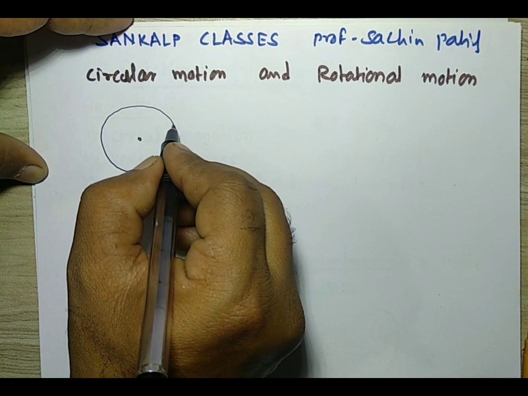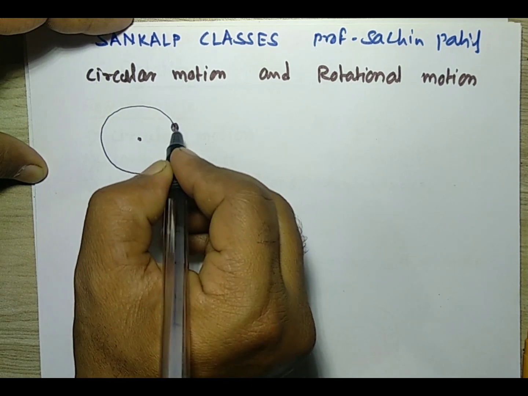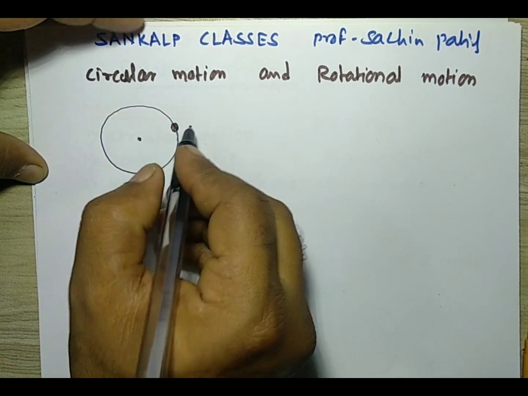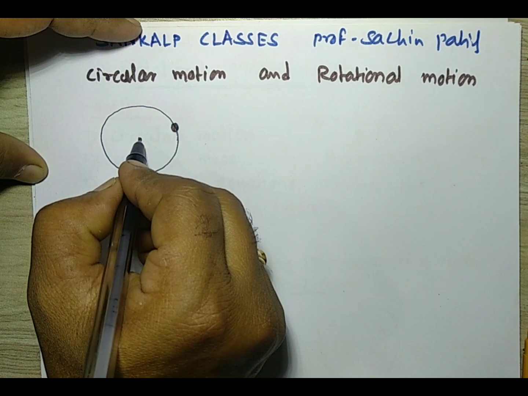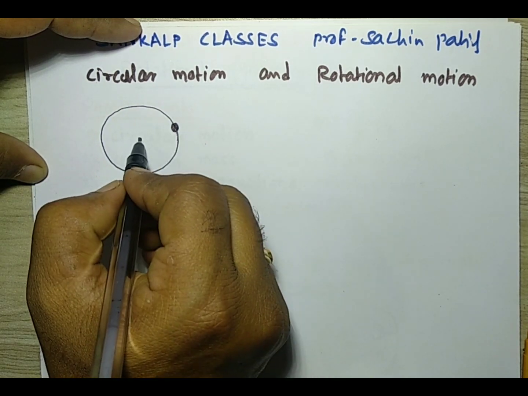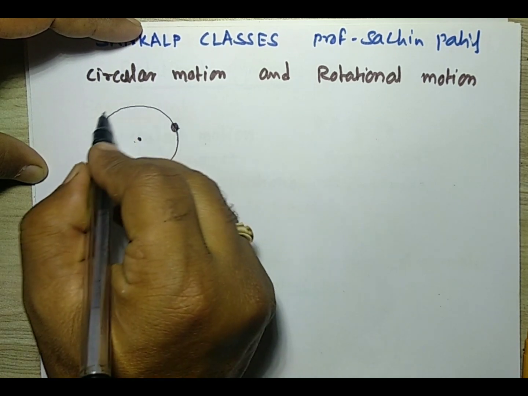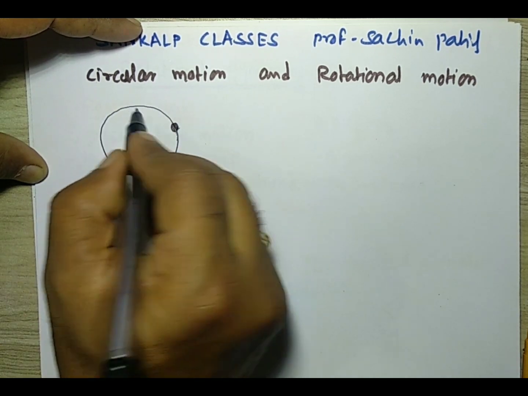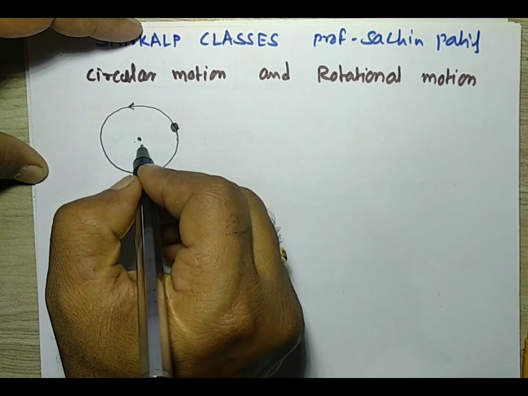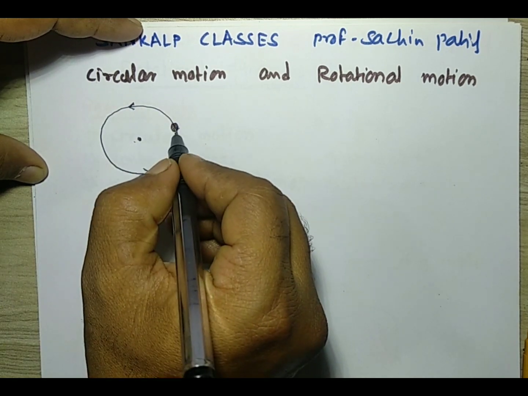That means the axis is outside the body. Let us consider the body is here and it is rotated about that particular center. Then this body does not contain the axis of rotation. That means the axis is outside the particle or the object. At that time, this motion is called circular motion. Let us consider this particle moves along that circumference and the center is here. At that time, you get the circular motion of that particle.